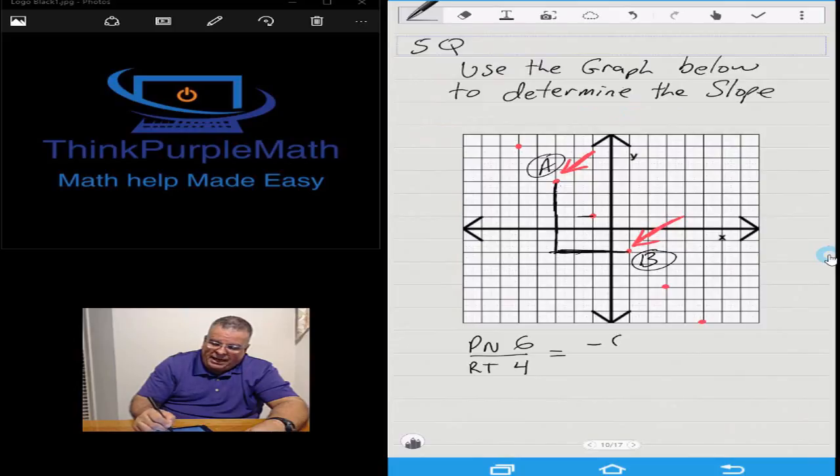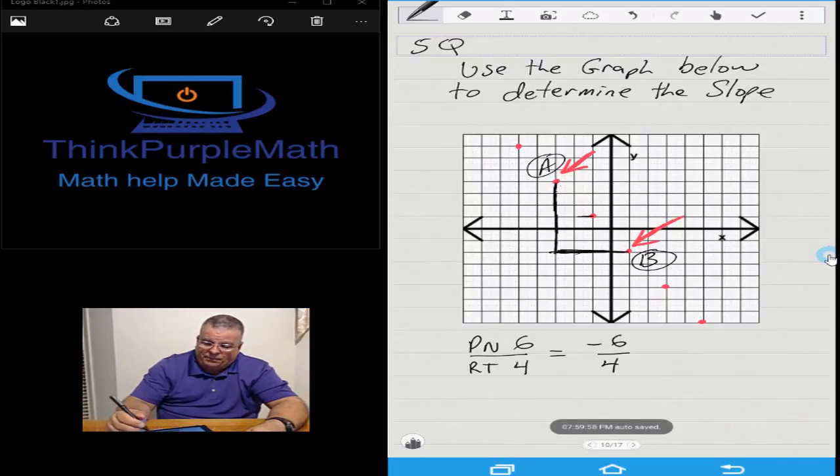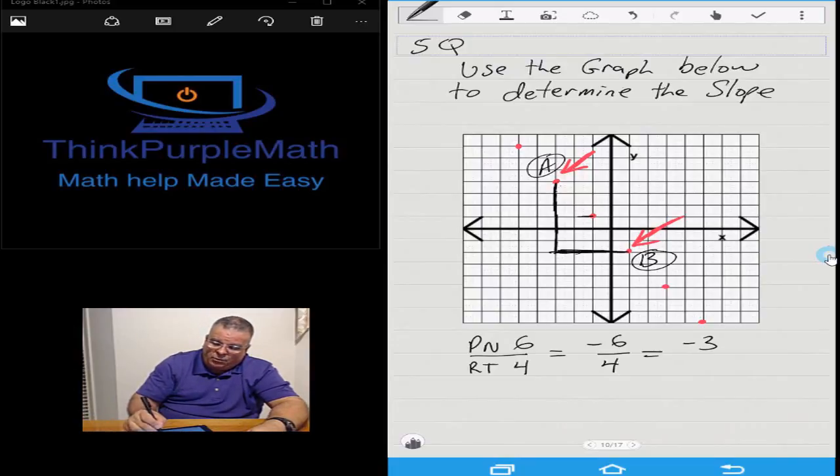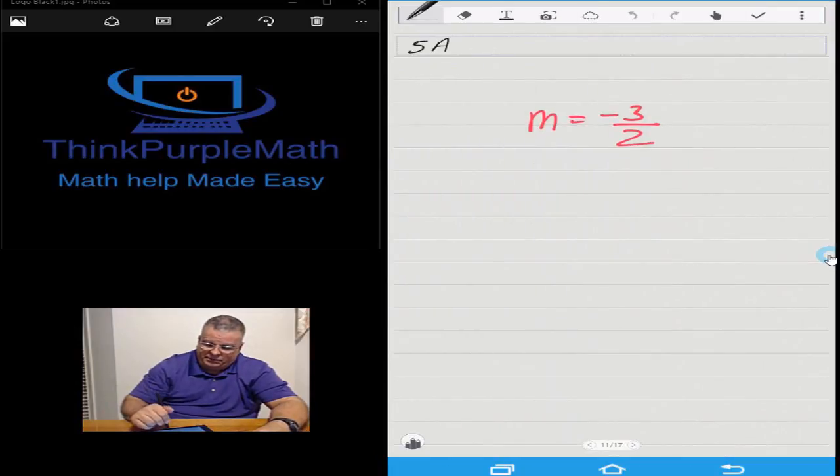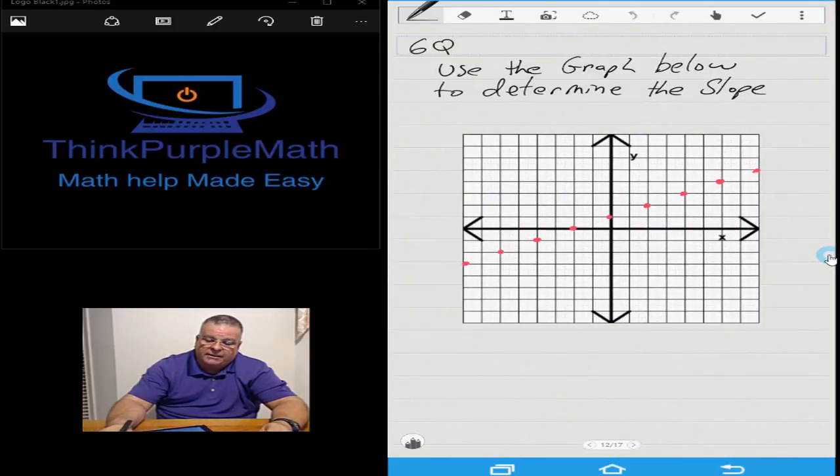Well, down is still negative, and all of the right or left, whatever, is going to be positive. So it's always down and to the right, or up and to the right. In this case, we have negative 6 over 4, but that also reduces down to negative 3 over 2, and that is your final answer. And that's using the counting method.